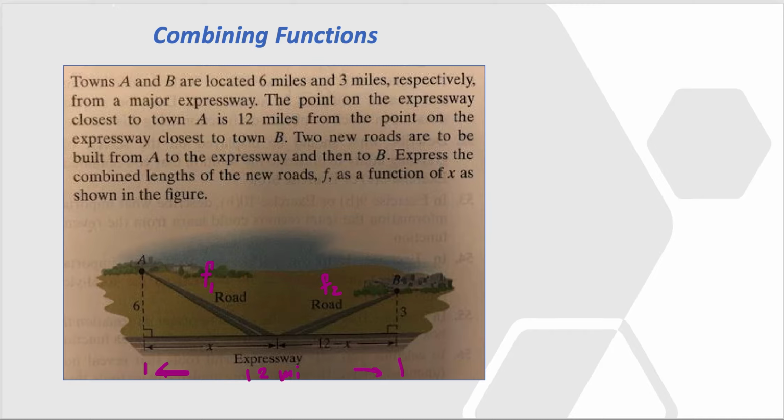And now if we are looking to write them with f1 as the hypotenuse here, f1 squared is going to be equal to x squared plus 6 squared.